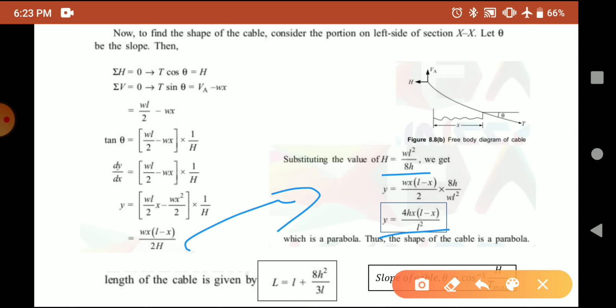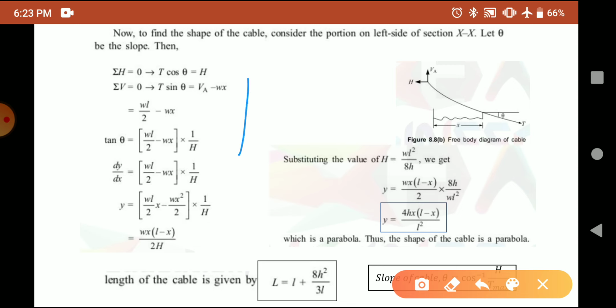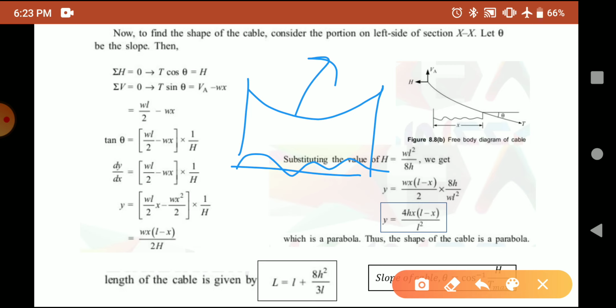And this equation, we are familiar with in our mathematics portions. It is an equation for parabola. So we came to the conclusion that the shape of the cable is a parabola. Okay, the shape of the cable is a parabola. So this is a parabola satisfying the equation y equal to 4h into x into L minus x by L square, where you have to know what are the individual values.